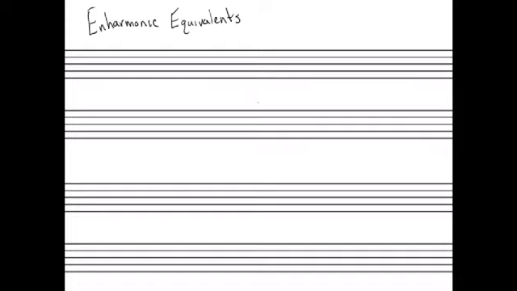Enharmonic equivalents. The book definition, and it's a very good definition, is tones that have the same pitch but different letter names. Example of that, I'm going to keep working in a very easy clef, G clef. Okay, an example of that would be F sharp and G flat. Now I'm going to draw a quick picture of our keyboard here.